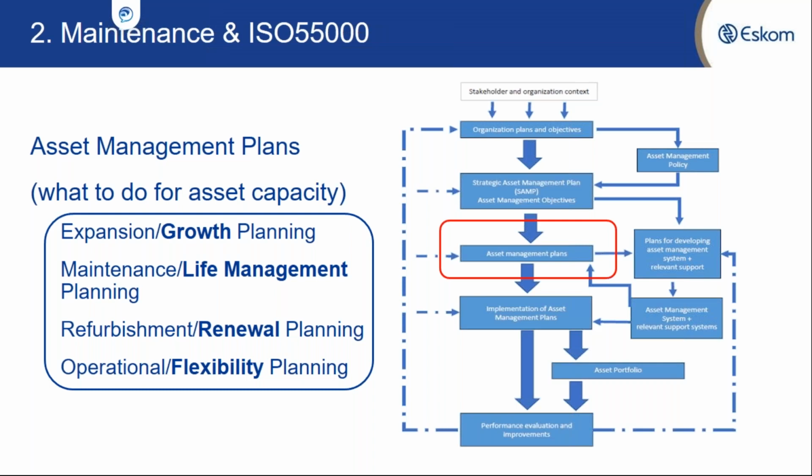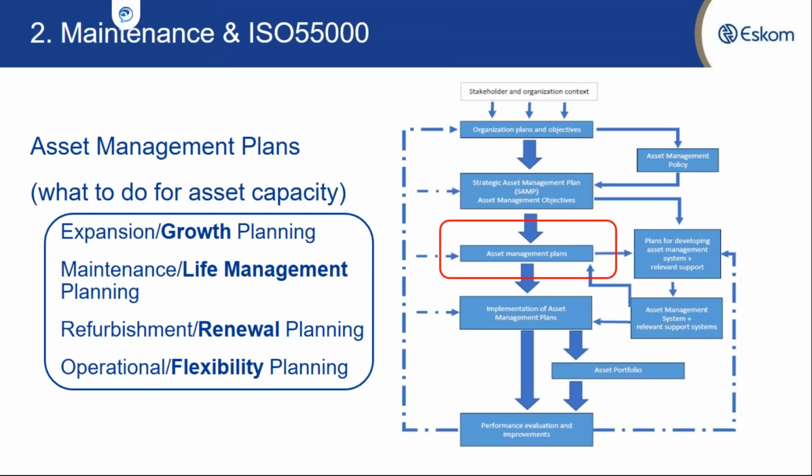While refurbishment planning, we do it for renewal, which means if maintenance is no longer effective, we refurbish the plant so that it can be renewed and perform to the level that we are expecting. Then operational planning, we do it for flexibility, which means if there is a disruption on any part of the network, we look at what alternatives there are.